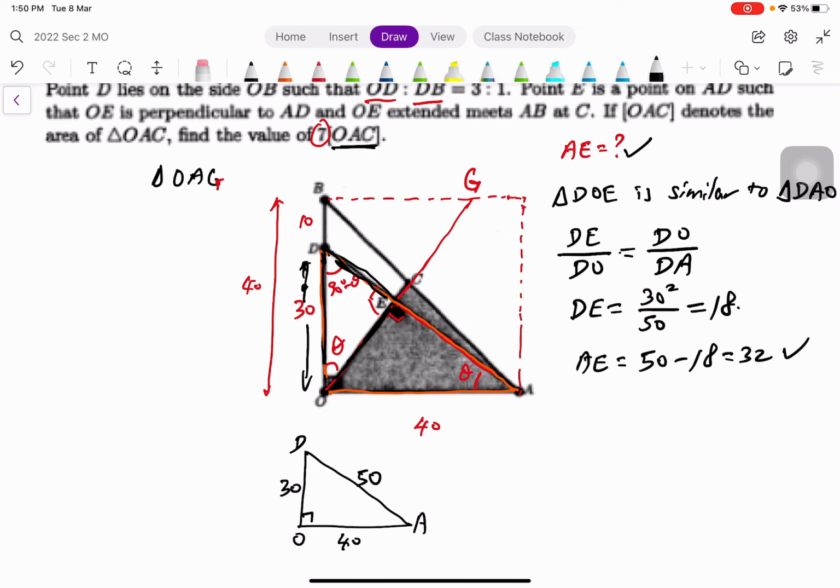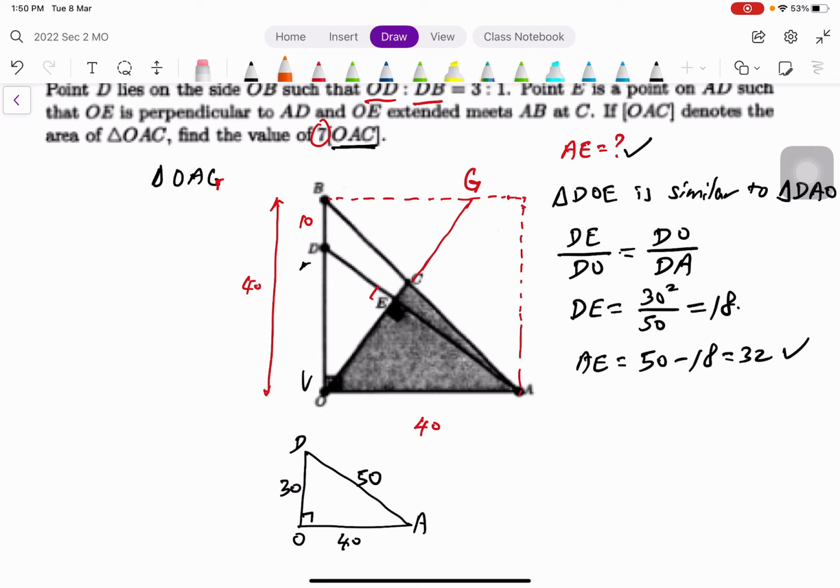That's very good. Then after that, let me clean this part off so that the diagram will be a bit clearer.